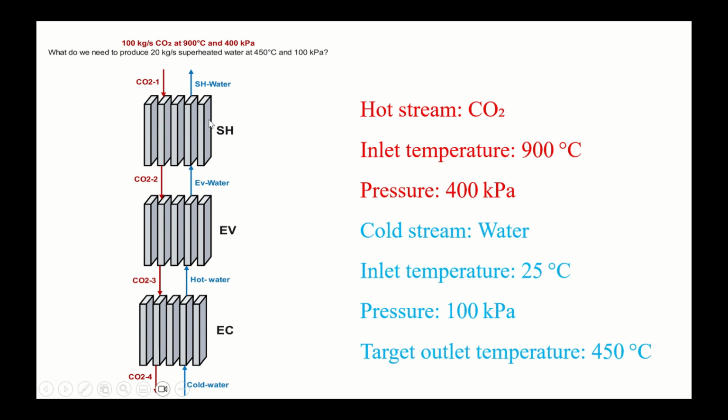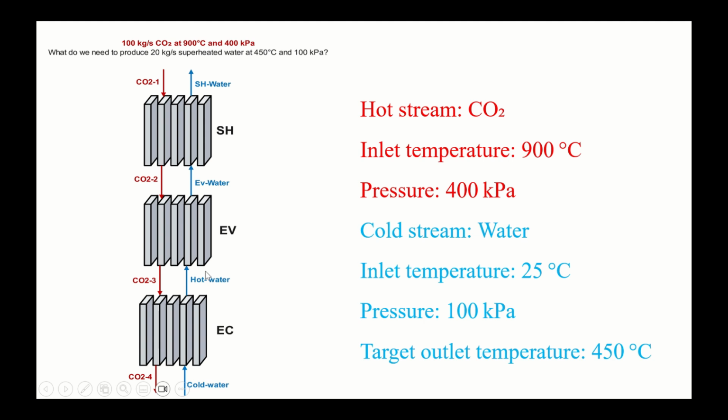To reach our target of 450 degrees for the water, we need to use three different heat exchangers: an economizer, an evaporator, and a superheater. The water enters at ambient temperature and pressure, so it first passes through the economizer to be preheated.